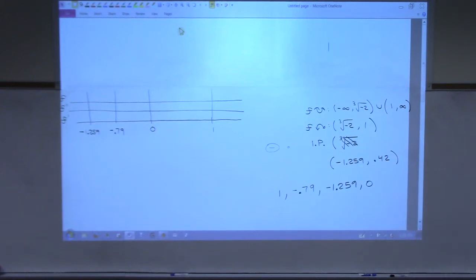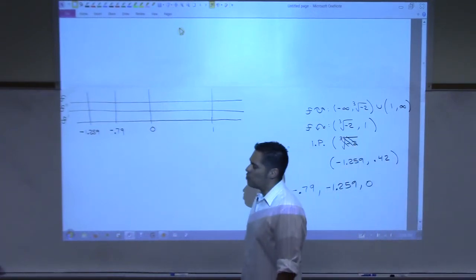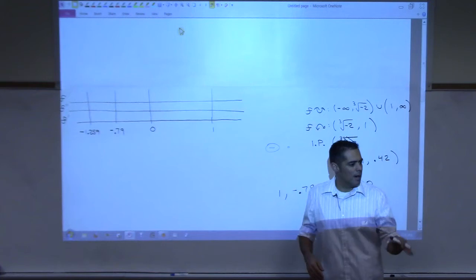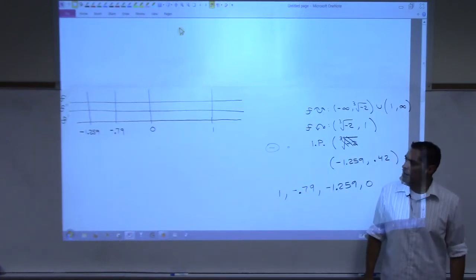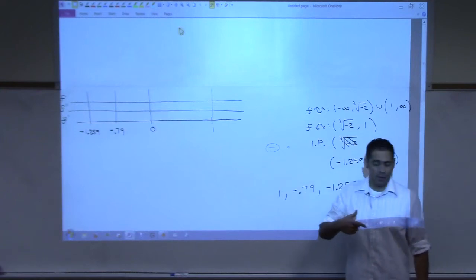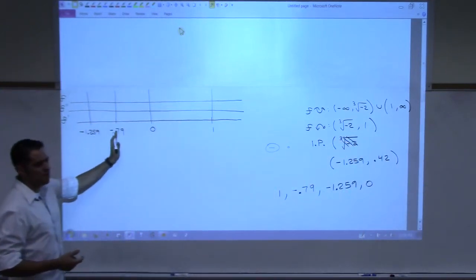Well, what does the first derivative tell us? You can go back and look at where you said it was going up and down. Where was F increasing? You wrote it in interval notation. F was increasing from negative infinity to cube root of 3, so up to here.